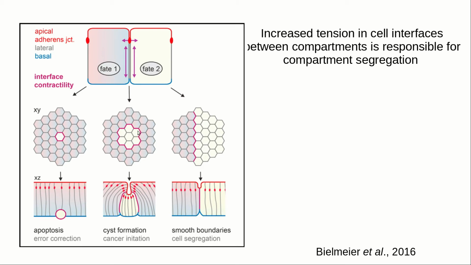The mechanical tension in the borders is higher. So when you have a clone of one cell that has a different fate than the surrounding cells, this cell is extruded, it's eliminated from the tissue. If you have several cells, some kind of cyst is formed, and if you have a wider region, you get compartments. Okay, you get boundary compartments.